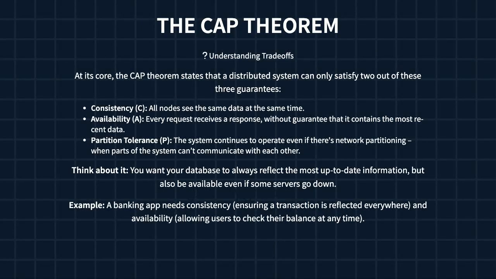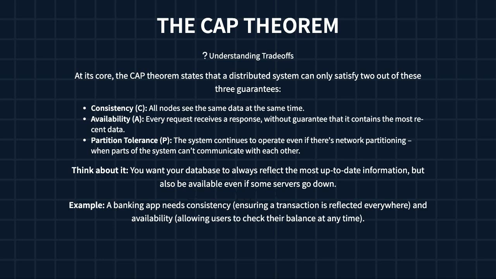Okay, let's talk about the CAP theorem. It's a really important concept in system design interviews, and honestly, it's all about trade-offs. Basically, when you're building distributed systems like many modern applications, you need to decide how you want to prioritize consistency, availability, and partition tolerance. The CAP theorem tells us that you can only realistically guarantee two of these at the same time.